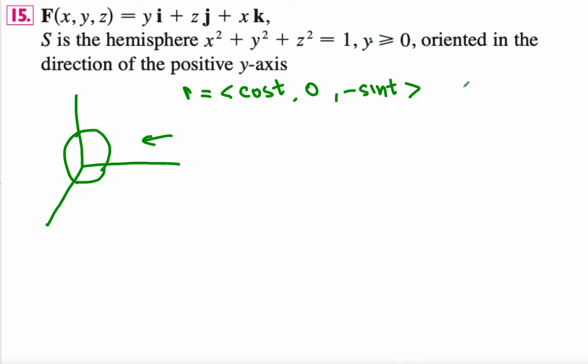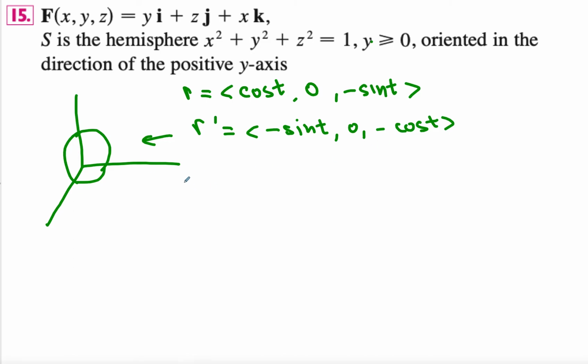That's the value of r. Now, obviously what we're going to be getting is r prime, negative sine t, and then 0, negative cosine t.